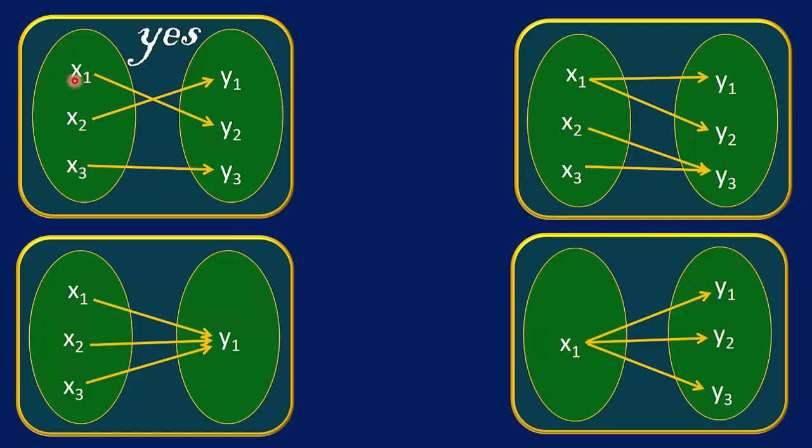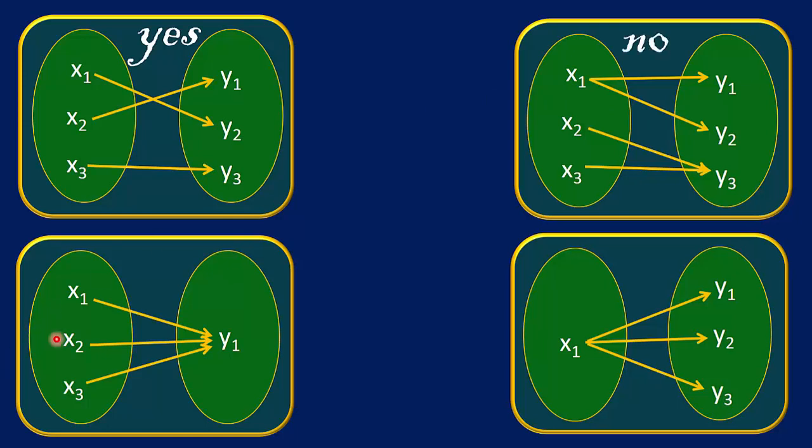Each one of these corresponds to exactly one value, no more, no less. Now let's look at this second one. Here's an x1. It has two arrows coming from it. So this element corresponds not to exactly one element over here. It corresponds to two elements. So this is not a function.